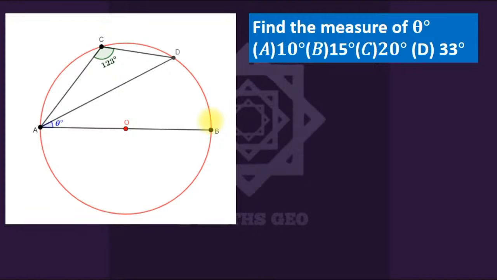But we don't see a triangle, so we need to complete the triangle. Let's add an auxiliary line running from C to B. This auxiliary line makes the solution easy, because from here you see that angle ACB will be 90 degrees, based on Thales theorem.